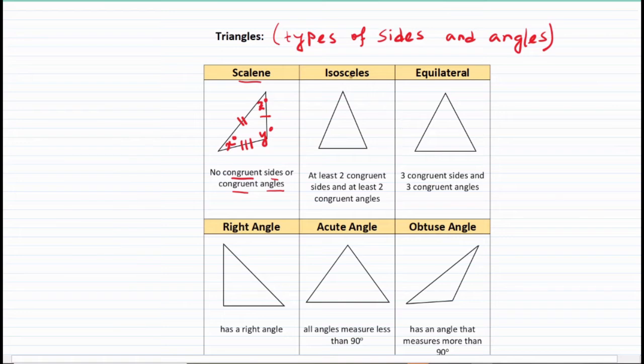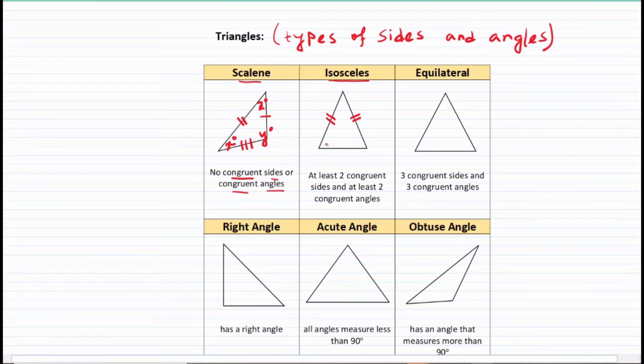Now, the next type of triangle is the isosceles triangle. From the picture of the isosceles triangle, we can conclude this side of the triangle is equal to this side of this triangle.